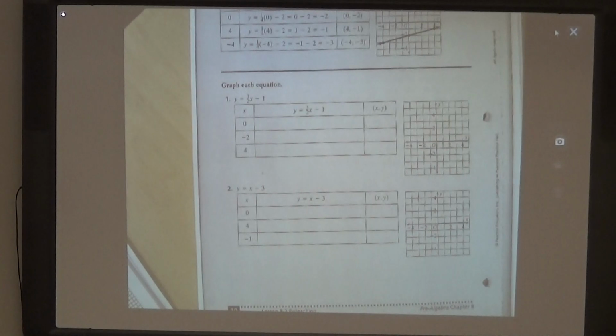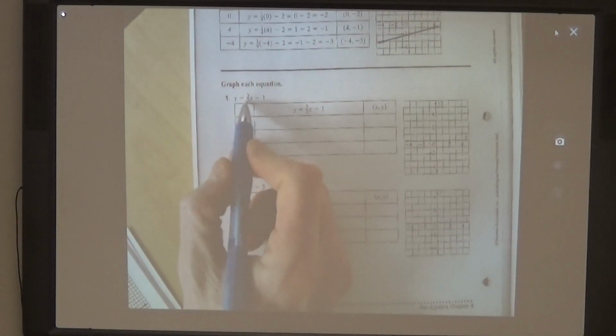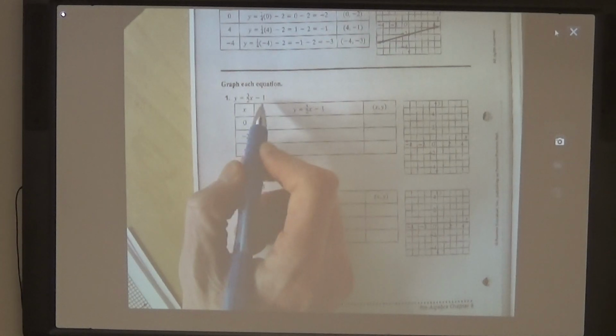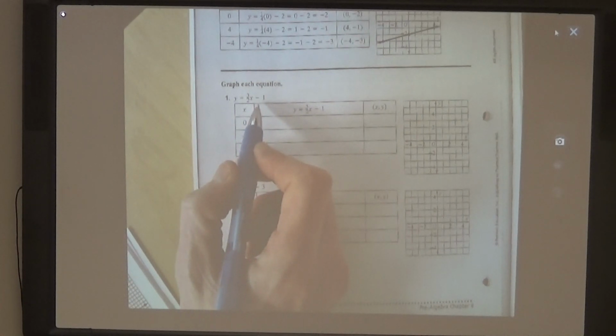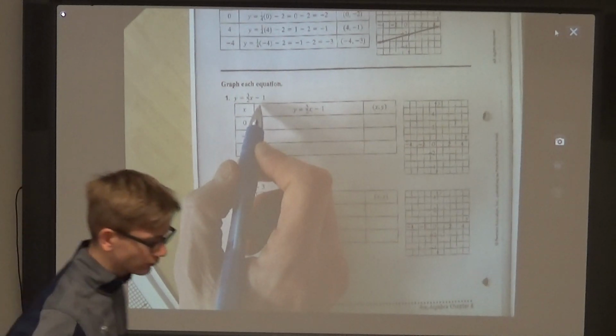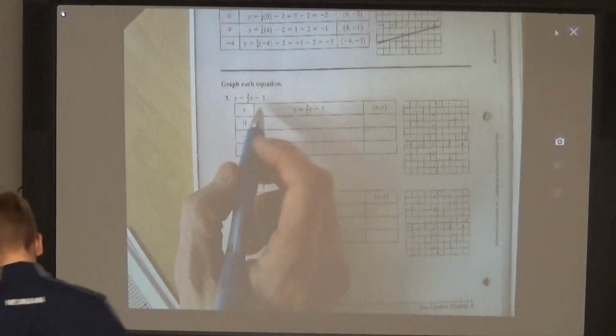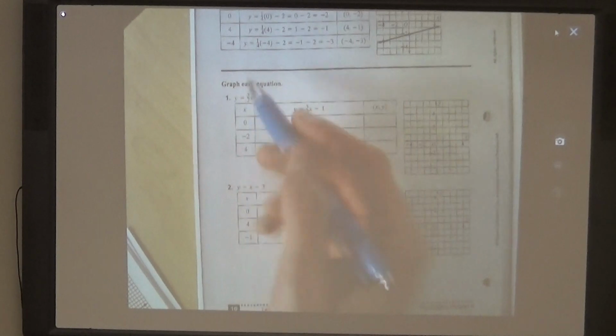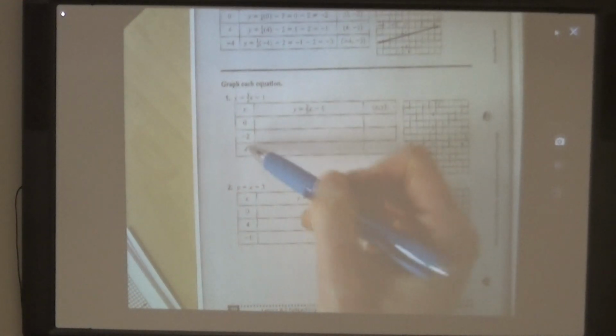So you're given this equation, y equals 3 over 2x minus 1. Okay? So what's the process? We're given 3 values for x. What do we do with these?